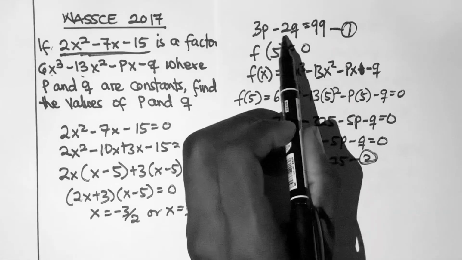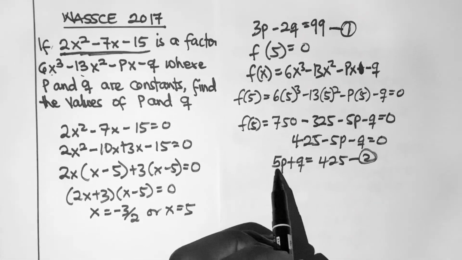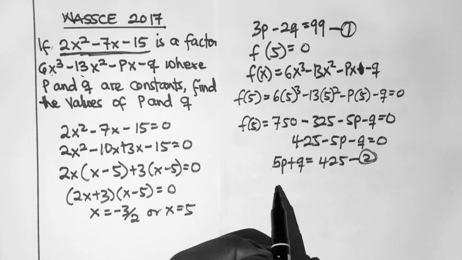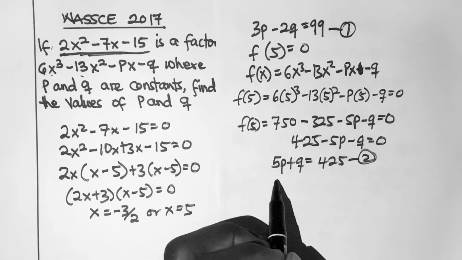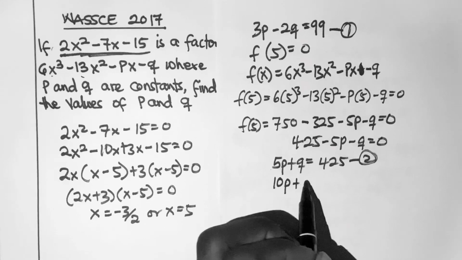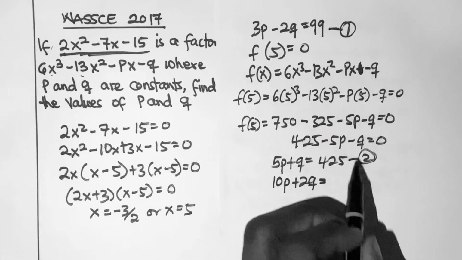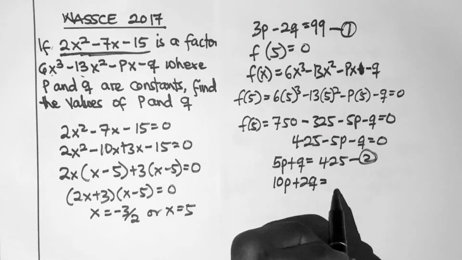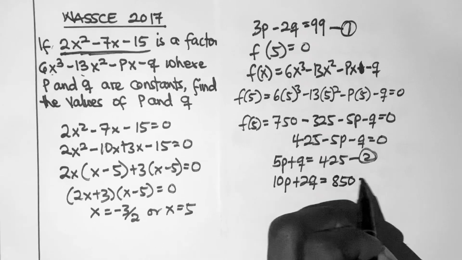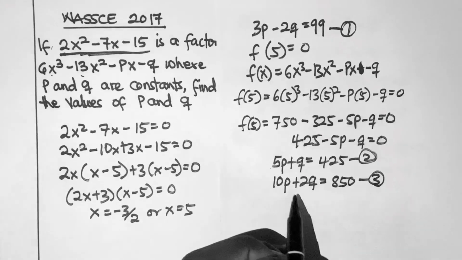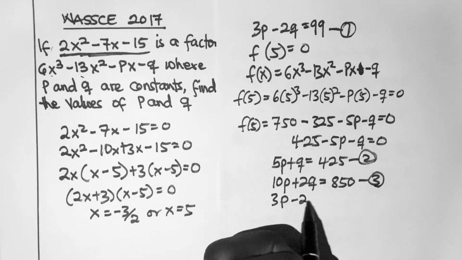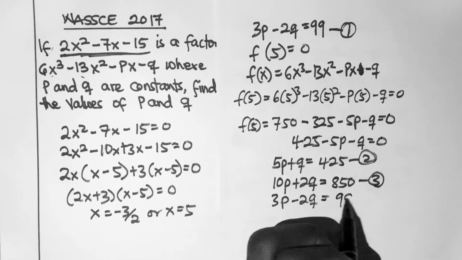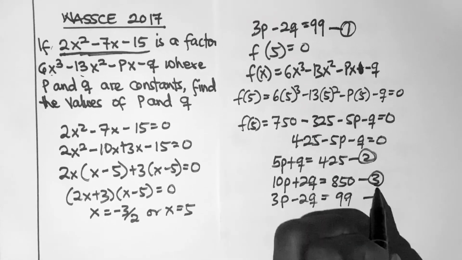So now you can see that here is minus 2q. So let's multiply equation 2 by 2. So if we multiply equation 2 by 2, we have 5p times 2 becomes 10p plus 2q equals 425 times 2 is 850. So this is equation 3. Now let's write equation 1 beneath it. That is 3p minus 2q equals 99. So this is equation 1.